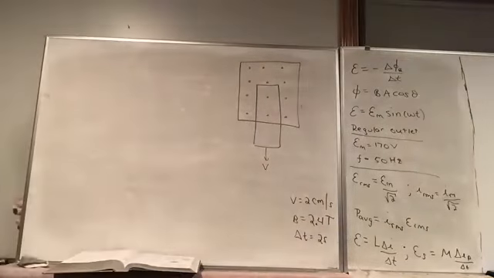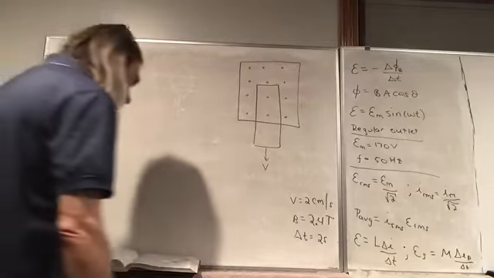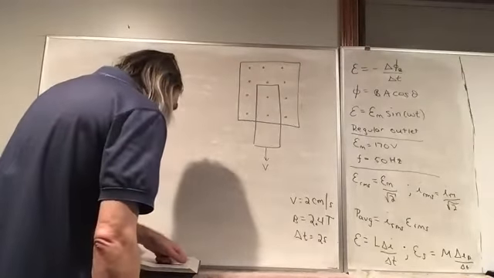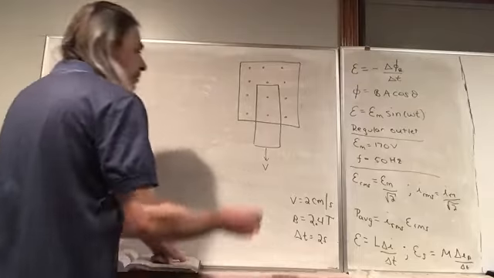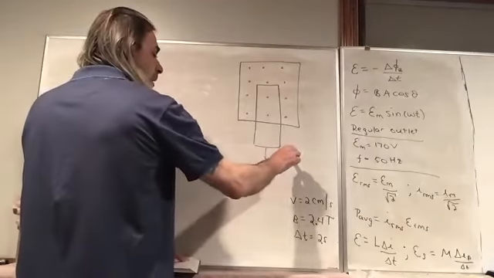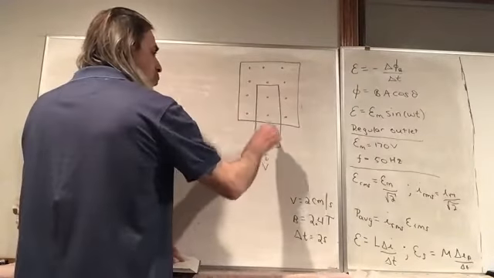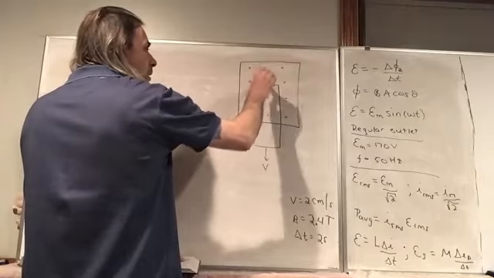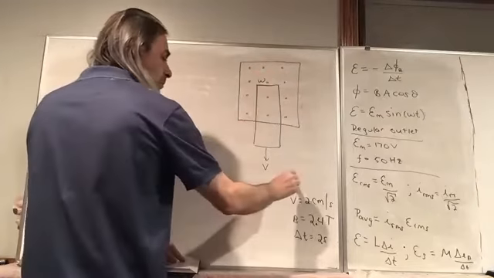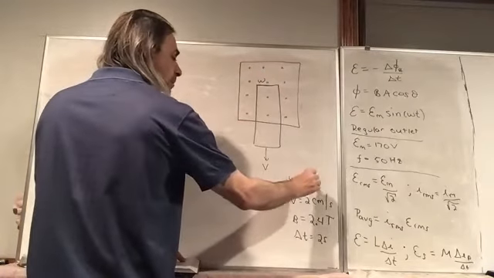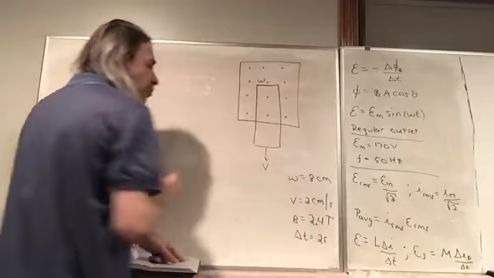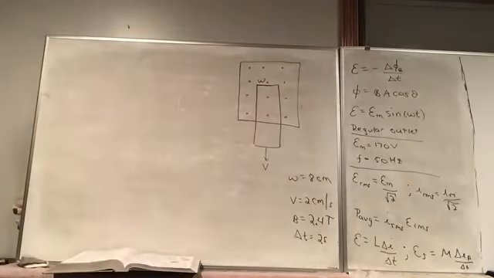So we want to know what is the change in flux over a 2-second interval. All right, so that wasn't in the written description, but let's call this the width. That is 8 centimeters. That was just in the picture. So it's 8 centimeters wide.